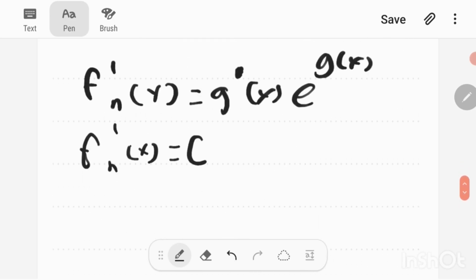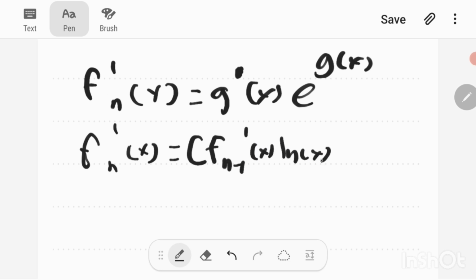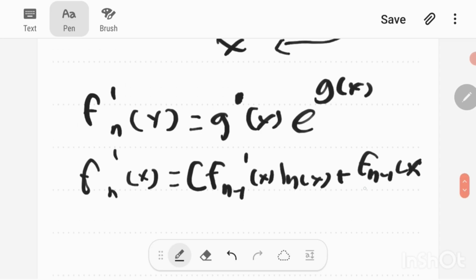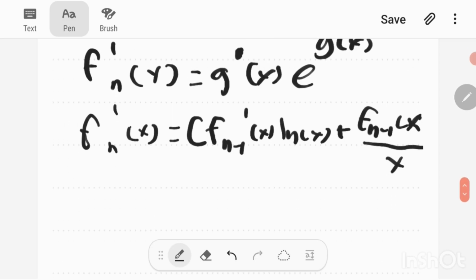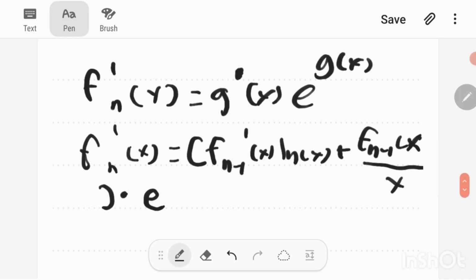let's see, the derivative of the previous degree, x tetrated to n minus 1 times ln of x, its derivative, plus x tetrated to n minus 1 divided by x, times e to the power g of x, which is e to the power f_{n-1}(x) ln of x.